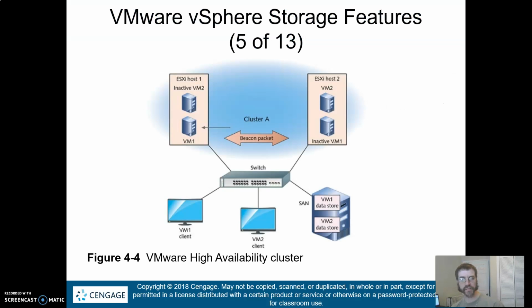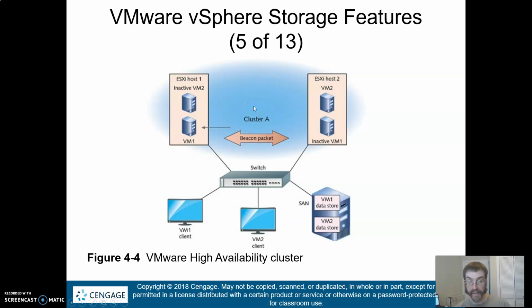So this is kind of what it looks like in a high availability cluster. You've got your ESXi hosts. Each one of these has an active and an inactive VM, and there's a beacon packet going from each of the hosts in this cluster to a vCenter server that's managing the whole situation.